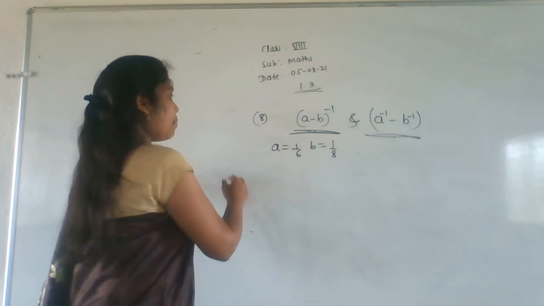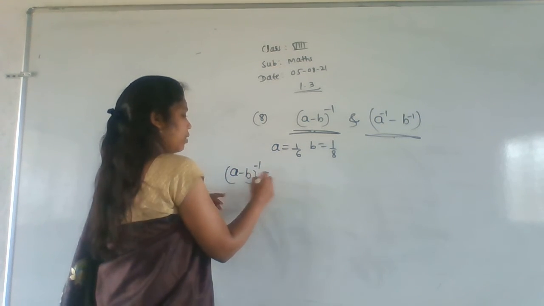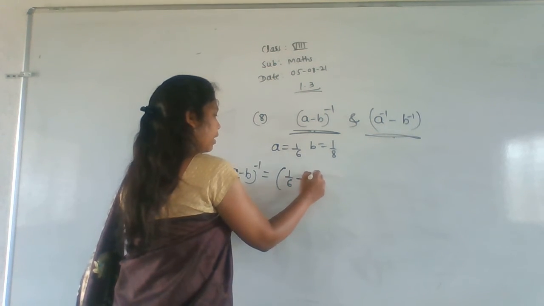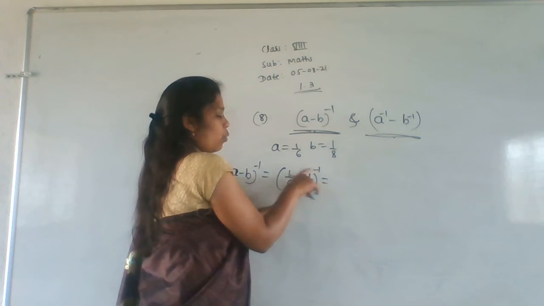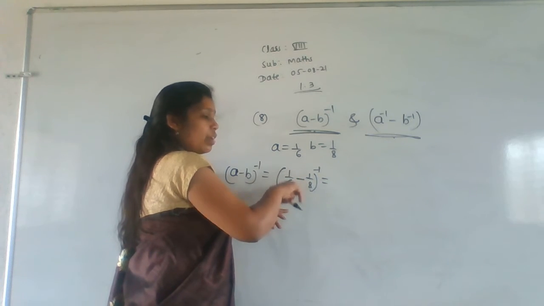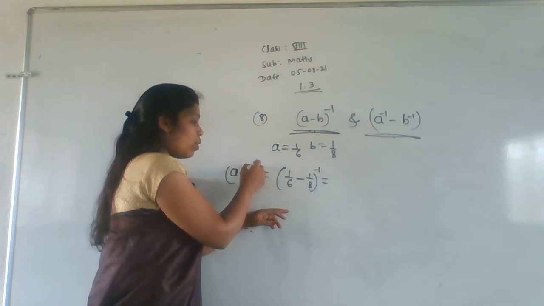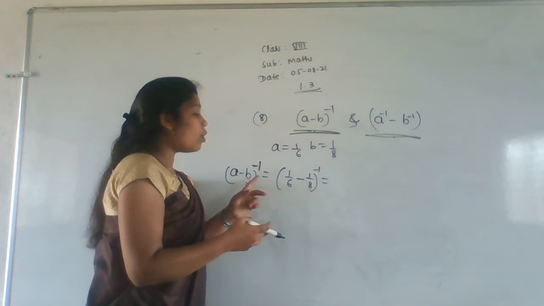Right? So find what is (a minus b) inverse. That is nothing but the value of a is 1 by 6 minus 1 by 8, whole inverse. What is the meaning of this one? Inverse means whatever value we get here, you have to write the reciprocal of that number. Inverse means take the reciprocal of the number.